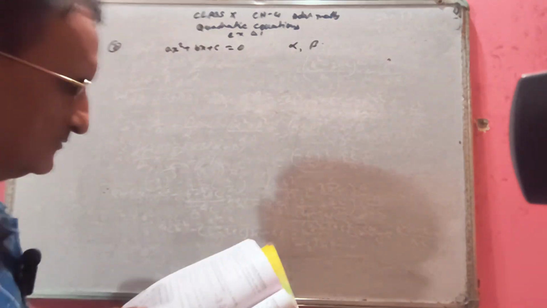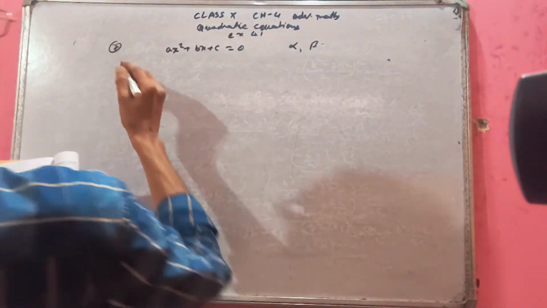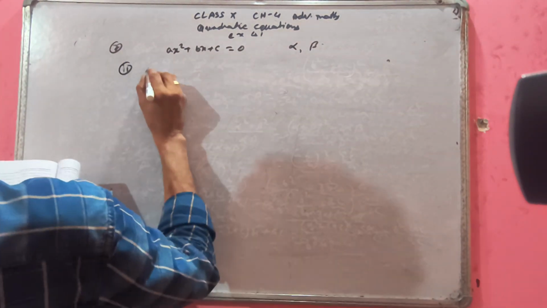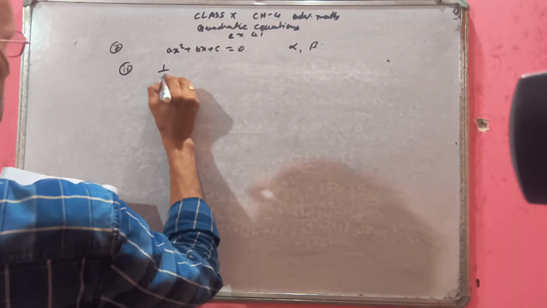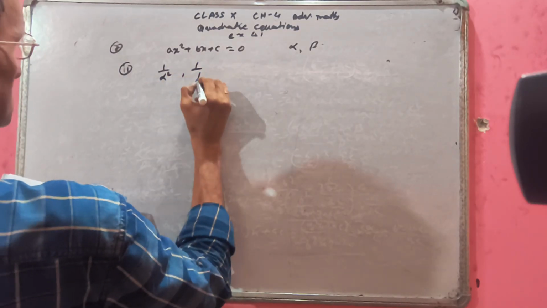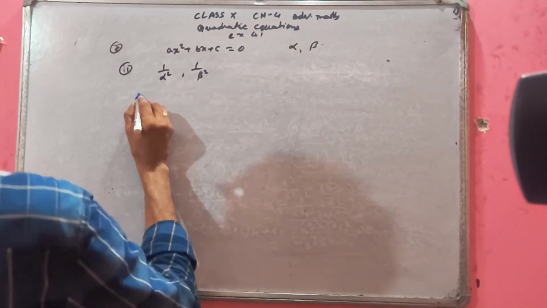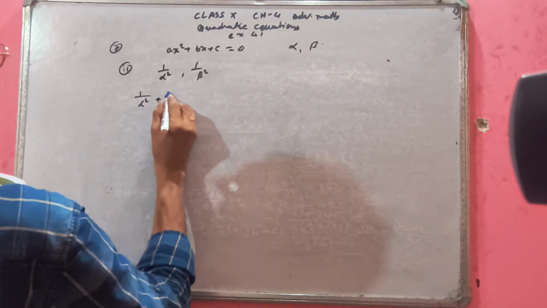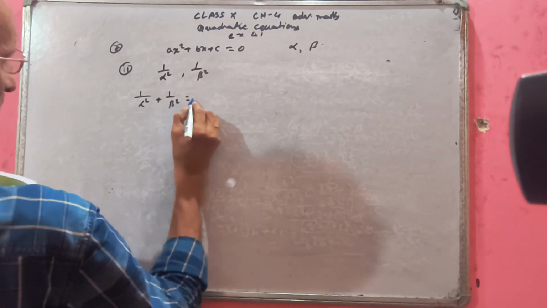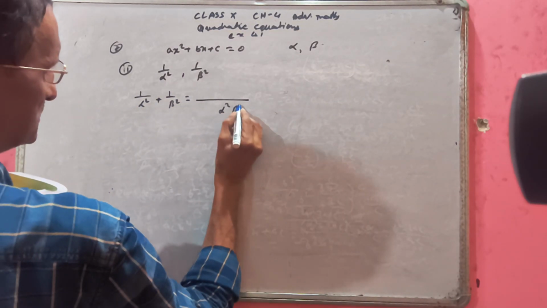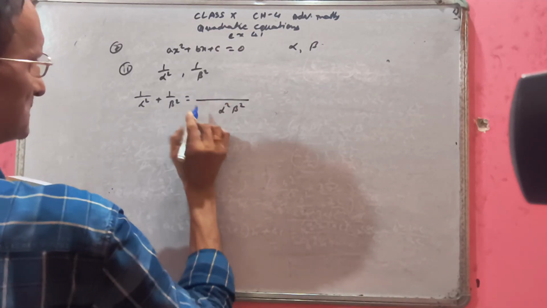For number 2, we need to form an equation whose roots are 1 by alpha square and 1 by beta square. Find sum of roots, 1 by alpha square plus 1 by beta square. What is the LCM? Alpha square beta square is the LCM. What you will get here?